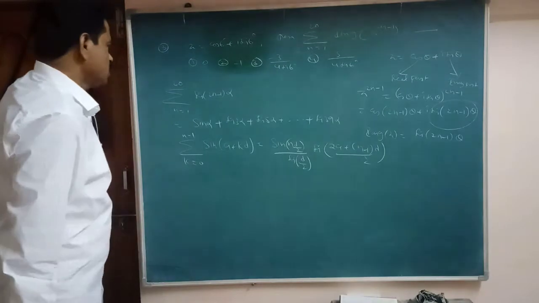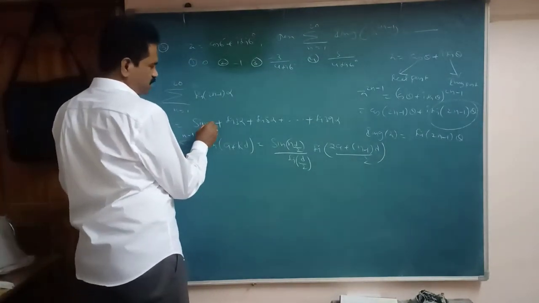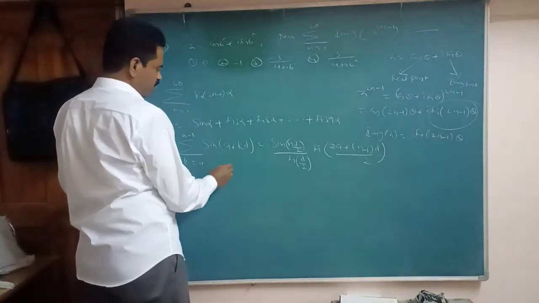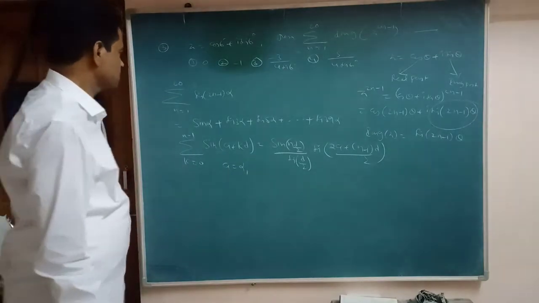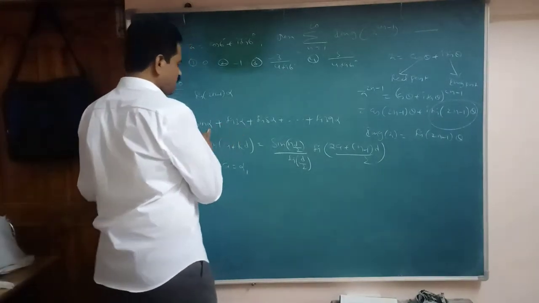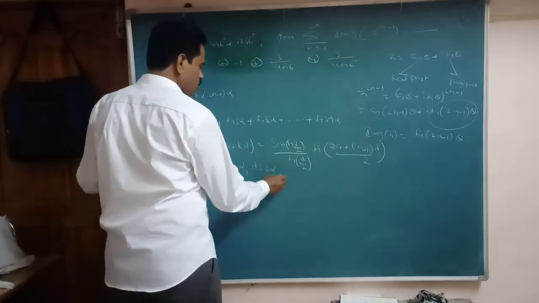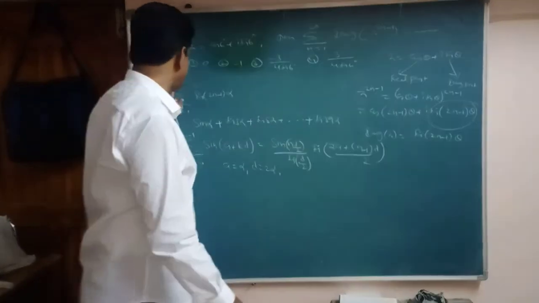So what is the a here? Comparing here, a equal to alpha, and d equal to the difference, 3 alpha minus alpha, it is 2 alpha, and n equal to how many times given? Up to 20 times, n equal to 20.